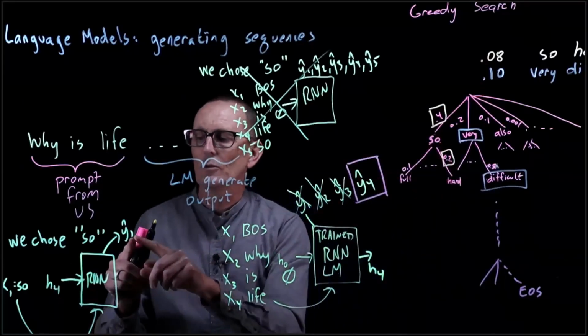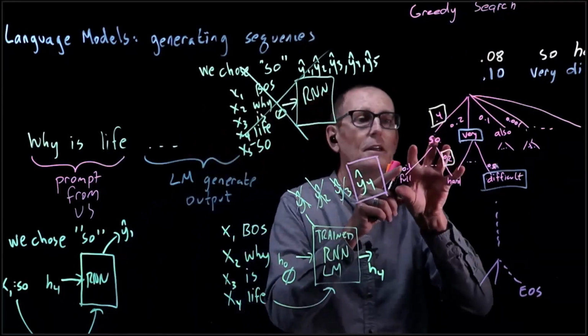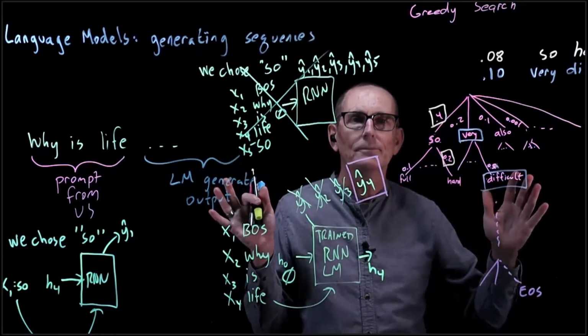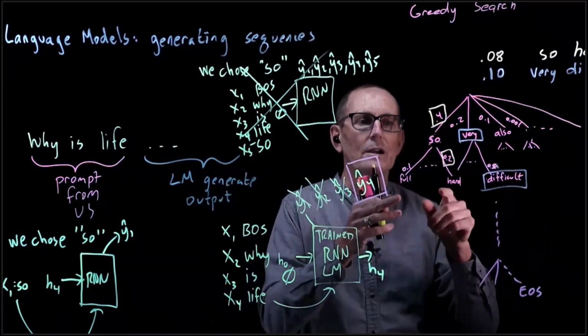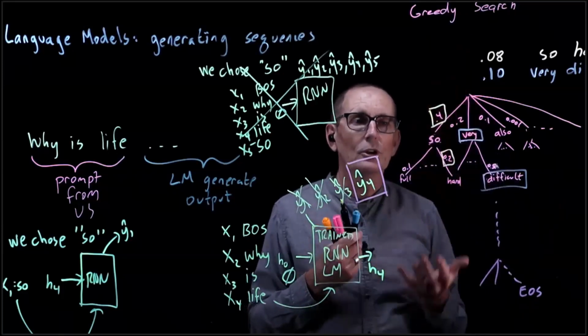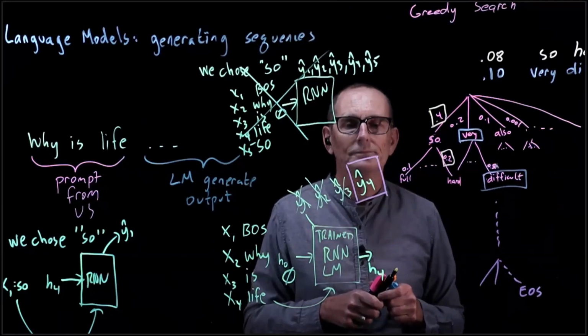We'll get out our new y hat, we'll save the state that comes out, and that'll reveal a new part of the tree. We can choose from there, we keep going until eventually, using this algorithm greedily, we find an end of string or end of sequence. Any questions on that?